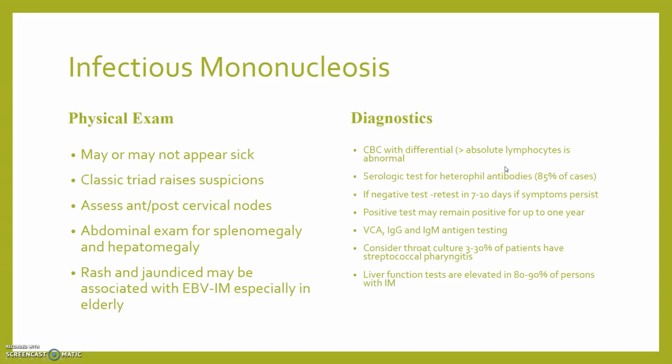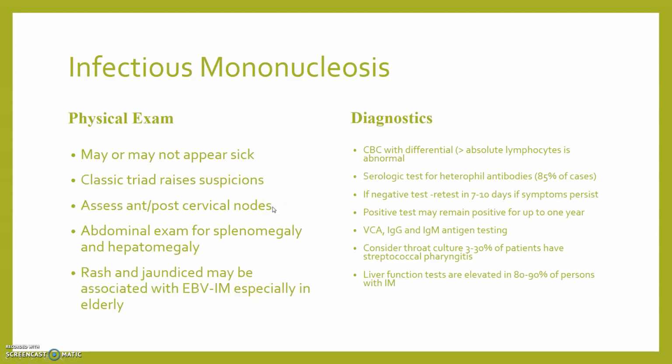For the physical exam, the considerations are that the patient may or may not appear sick. The classic triad, as I told you before, with the fever, pharyngitis, and the adenopathy should raise suspicion for infectious mononucleosis. You need to assess the anterior and posterior cervical nodes because you'll find that generally they are swollen.